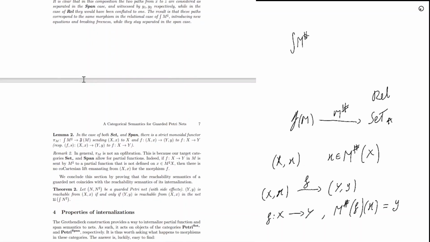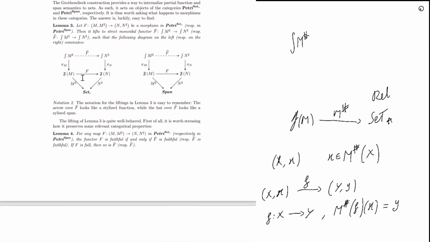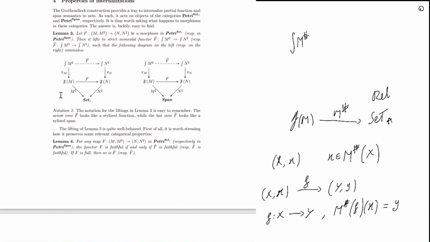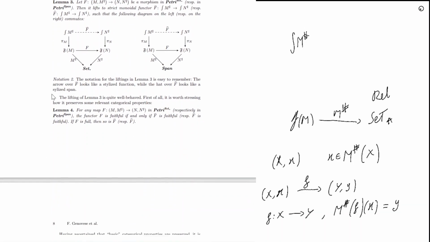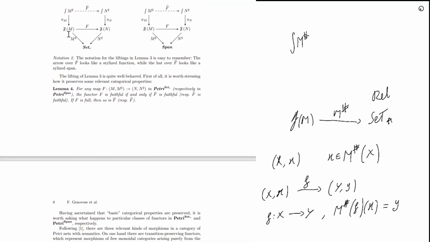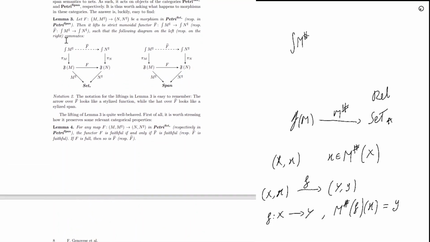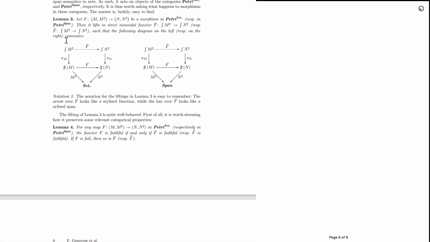And then the rest is basically, again, properties of internalizations. So for instance, this whole procedure is functorial. So there's a very easy way of defining what a morphism of these nets is. Remember that our nets have this shape, and I want to say, okay, what is a morphism from here to here?